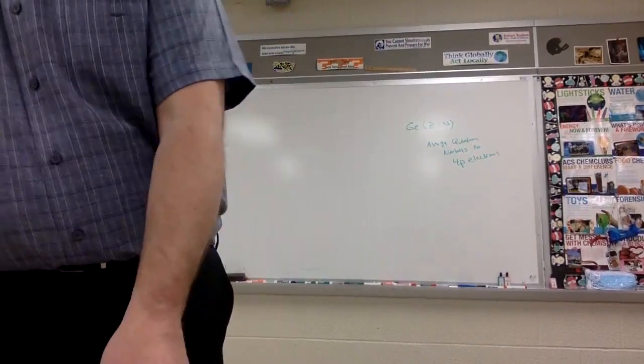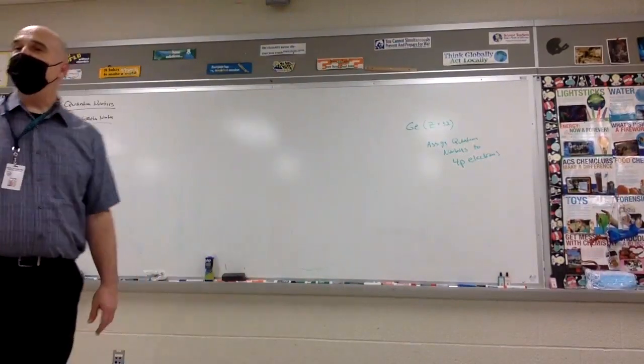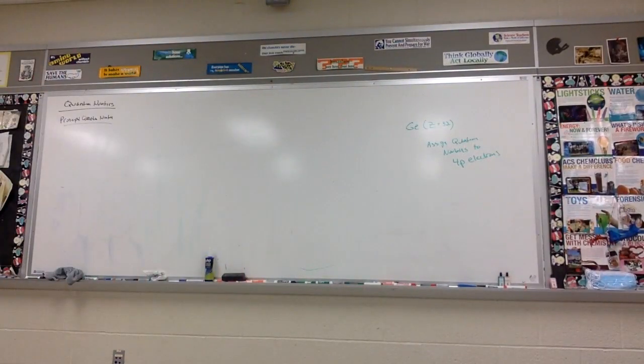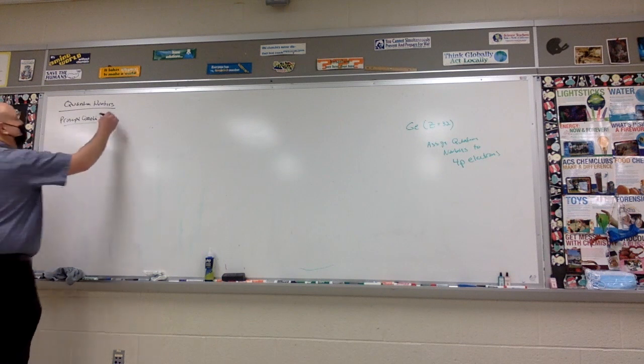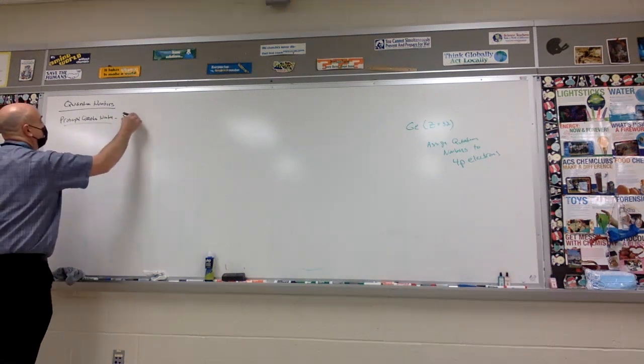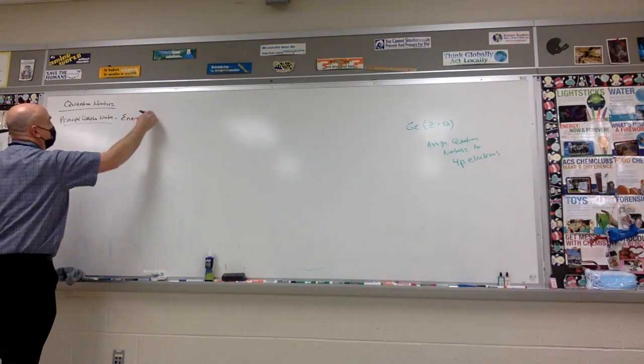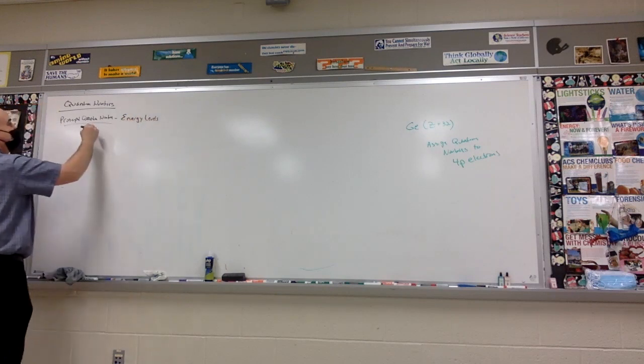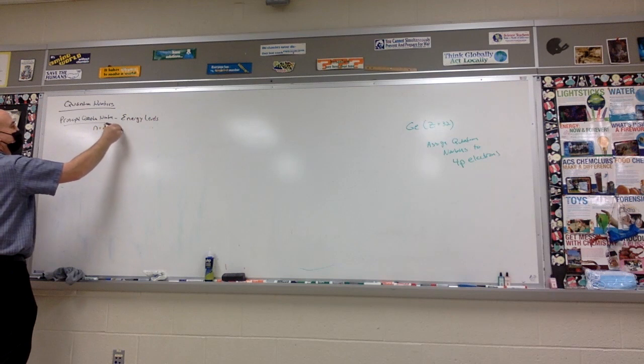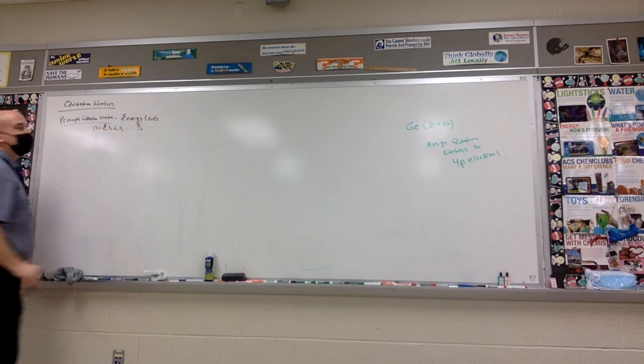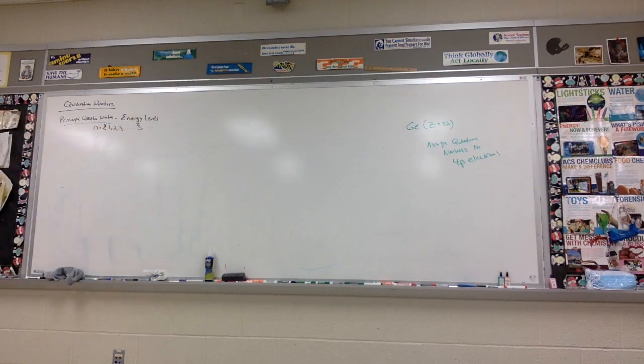Okay. So reviewing, what did the principal quantum number tell us? What does that represent? It defines the energy levels where electrons are most likely found. So your energy levels, this just goes from 1 up.